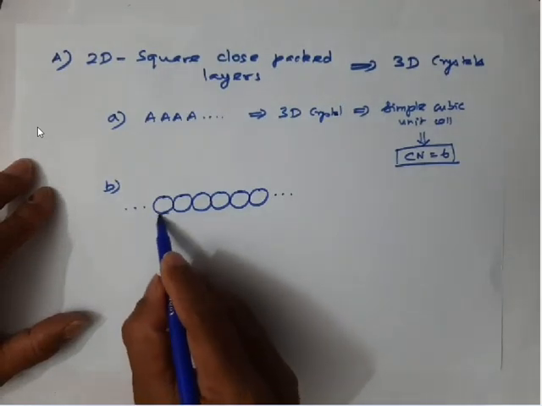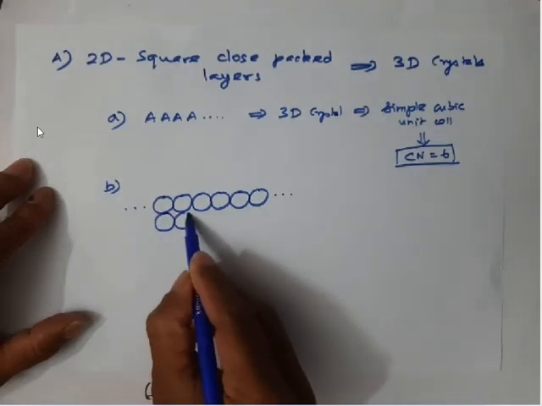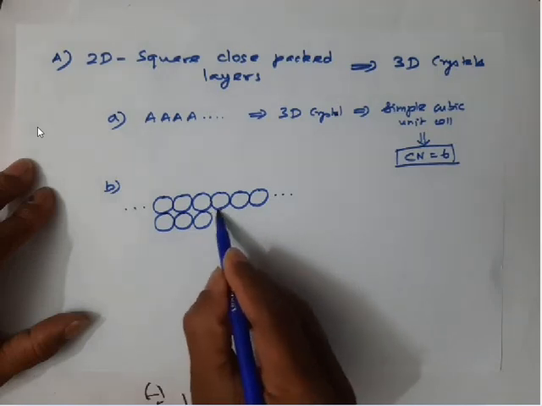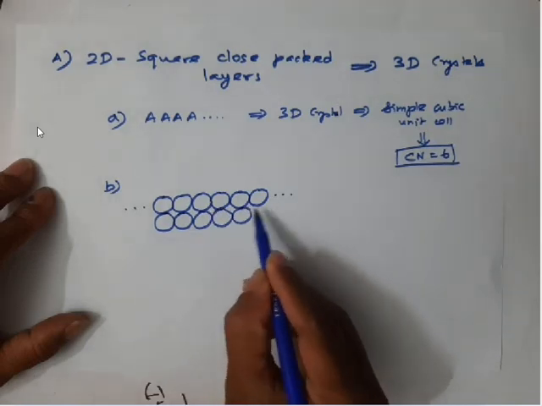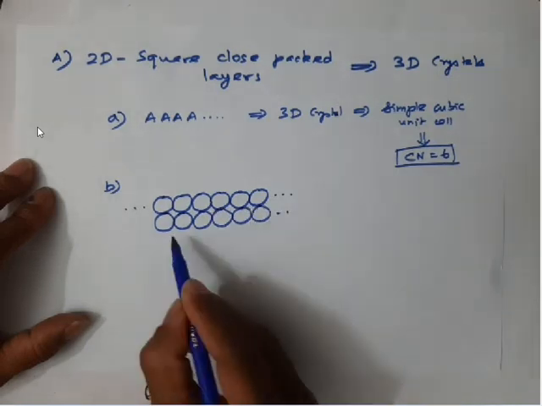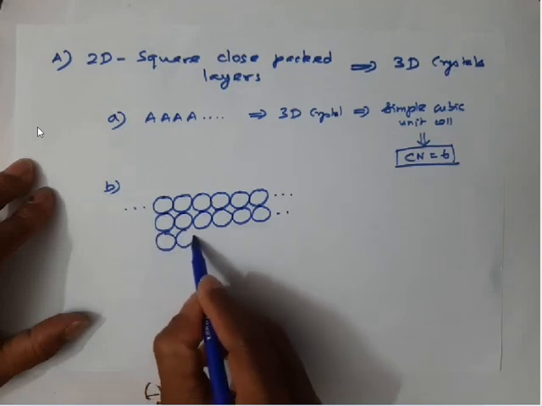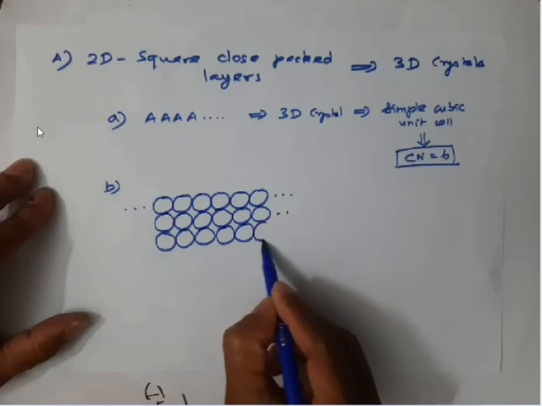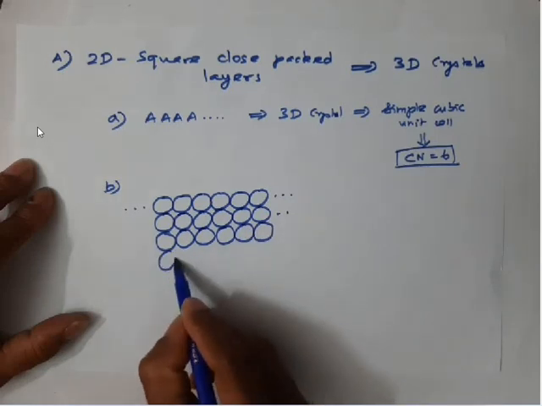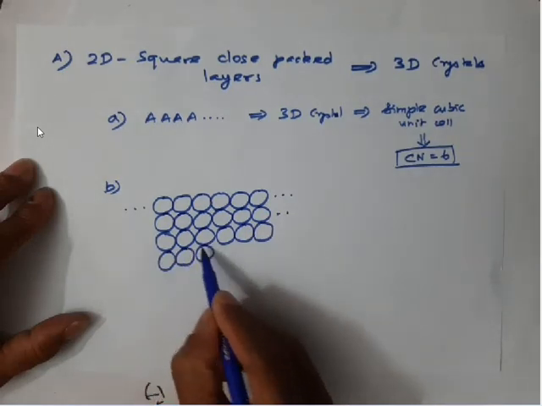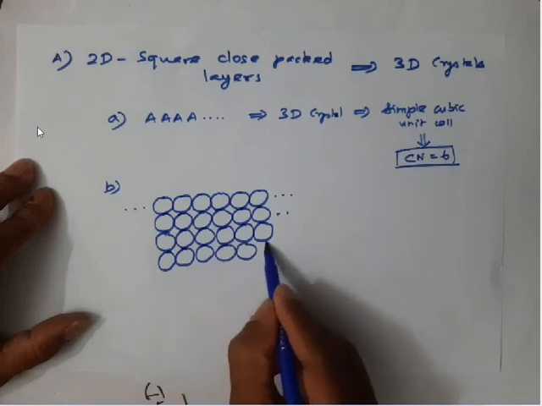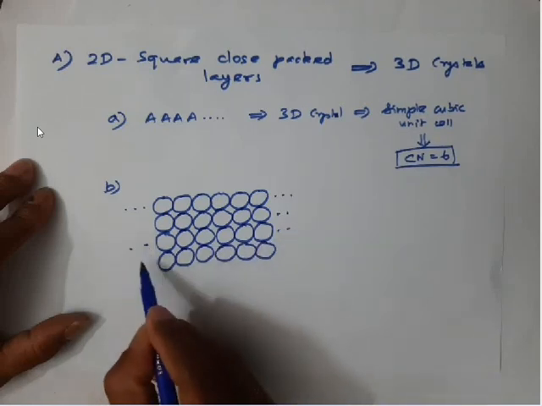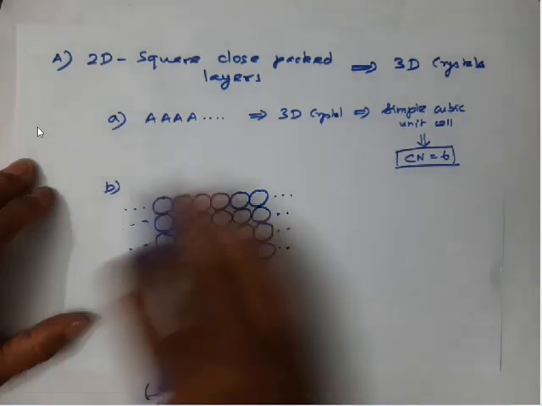So let me draw a square close packed layer. Okay, let us consider this is one square close packed layer, a two-dimensional layer. This is one layer.